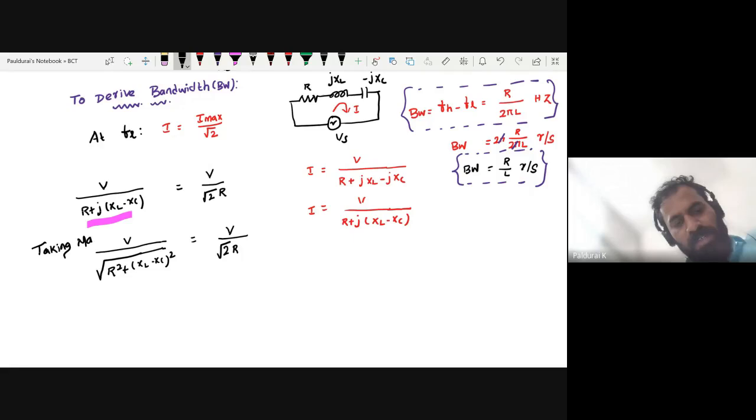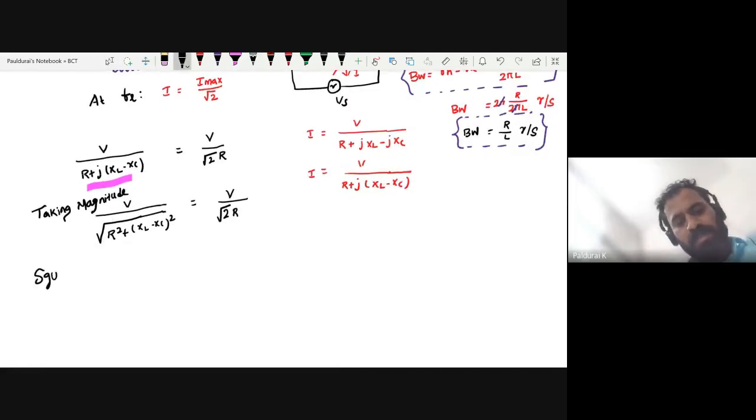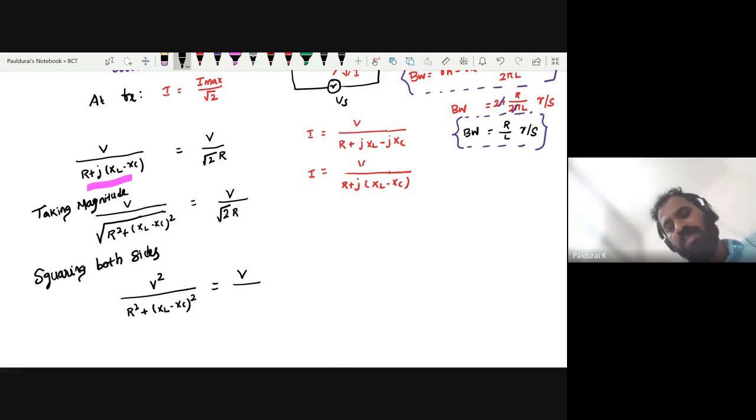V divided by A plus jB, square root of A squared plus B squared, where A is R, B is XL minus XC. Okay, so now squaring both sides. So it becomes V squared divided by R squared plus (XL minus XC) the whole squared equals V squared divided by 2 times R squared.